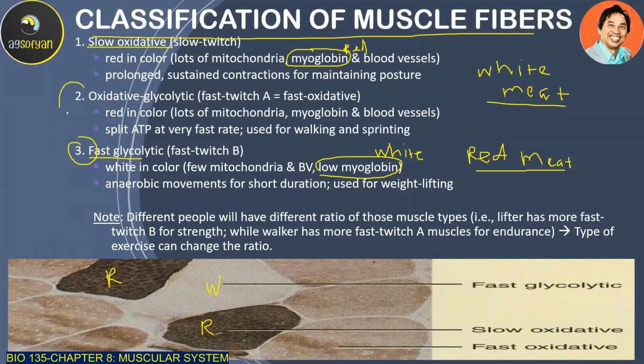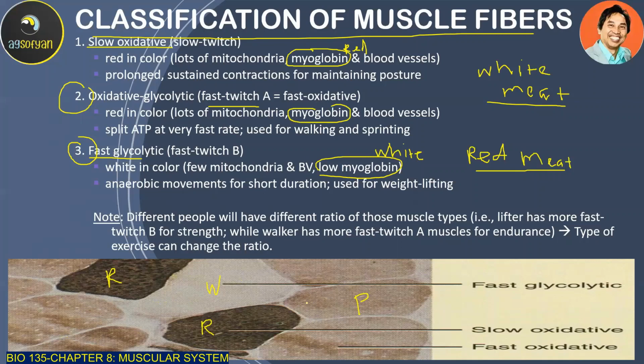Between them, there is what we call pink meat. It has a combination of red and white, so it becomes this pink type of meat. It has more myoglobin compared to white meat, but less compared to red meat. The same thing with human muscle.